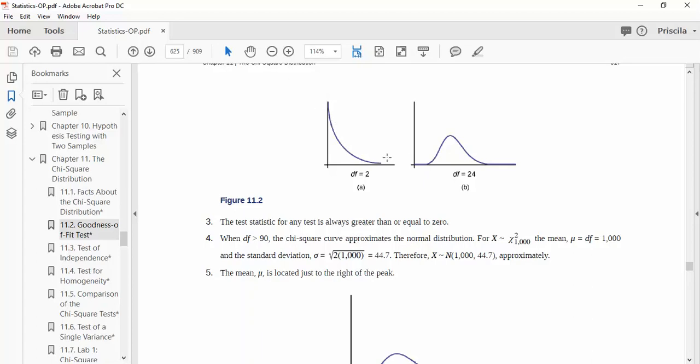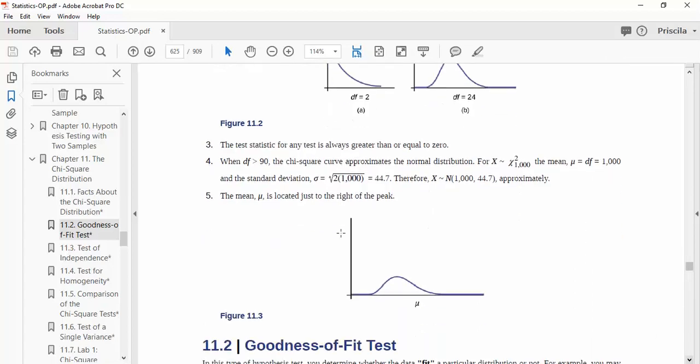So the higher it gets, the more this curve looks like our normal, just like the central limit theorem, where the larger the sample got, the closer it got to our normal distribution. The mean is located just to the right of the peak of the chi-square distribution.